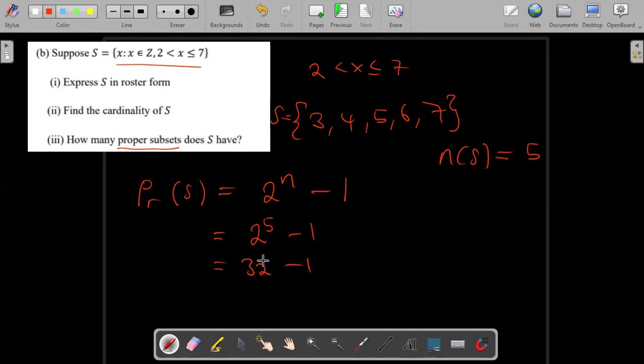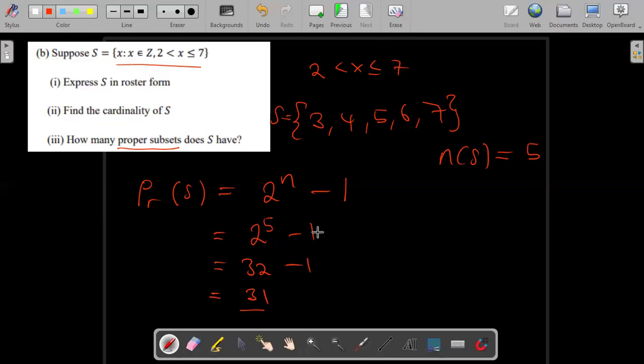So 32 is all possible subsets, but from these I remove the set that contains all elements, since a proper subset does not contain all the elements of that set. If I remove that one set, I remain with 31 sets. These 31 sets are subsets of S but do not contain all the elements in S. This is why I use this formula.